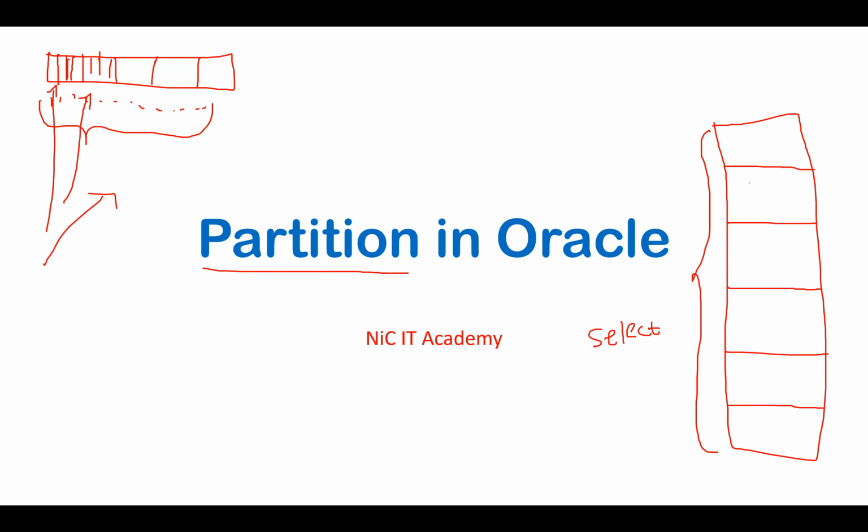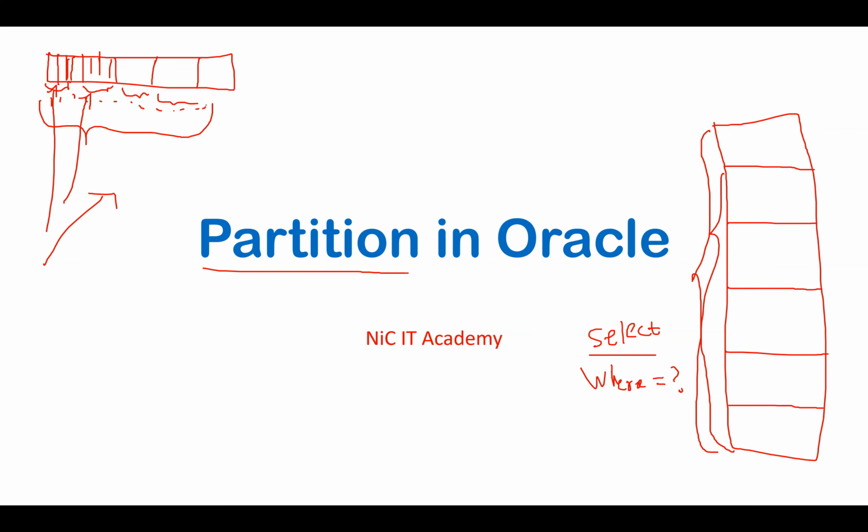If you have partitioned, are you going to check all the other remaining partitions? No, you will not check them. Why? Because you know the where clause. If you are using a where clause, you are showing that, okay, I want this particular brand. If you are not giving this where clause, what will the showroom person do? They will go to one partition and ask, you want these mobiles?